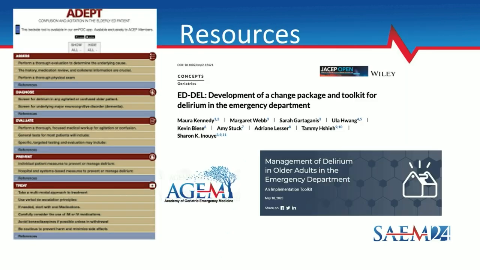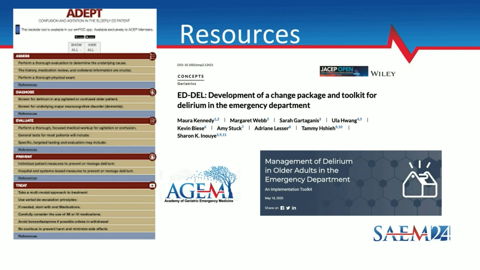So the first thing we want to mention is if you're in the pre-contemplation or contemplation phase of ED delirium screening, just know that you're not alone. There are a lot of resources and a lot of people and groups out there wanting to do this work and who are already engaged in this work. So we're going to highlight a few for you. The first is ACEP's ADEPT, Assess, Diagnose, Evaluate, Prevent, and Treat.